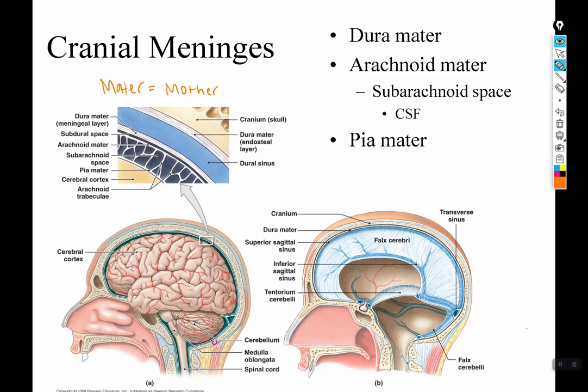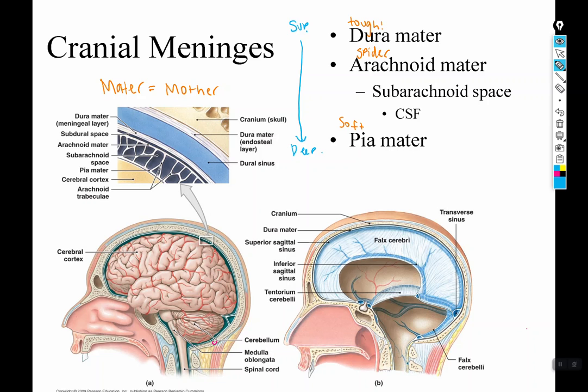So you've got the tough mother, you've got the spider-like mother, and you've got the soft mother. And these are in order from superficial to deep. So the dura mater is very, very tough, structurally sound collagenous sheets, which are kind of like Tyvek.